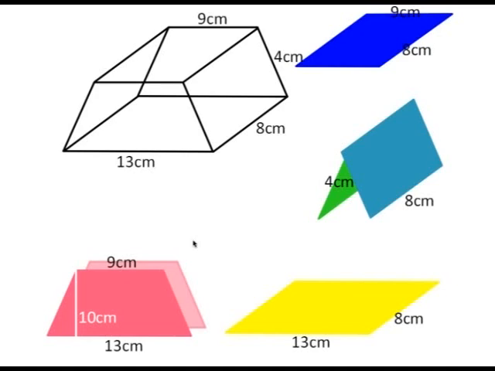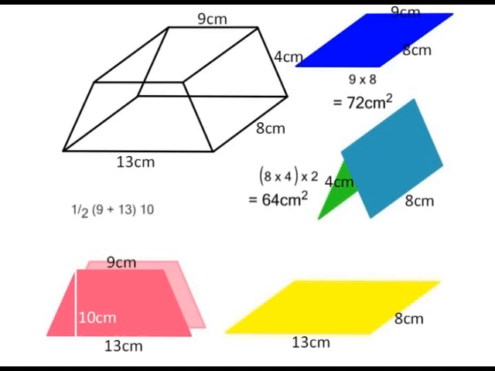Okay, now we calculate the areas. This blue rectangle, 8 times 9 is 72 square centimeters. This is 4 times 8, and there are 2 of them, gives us 64 square centimeters. The trapezium area is a half a plus b times height.